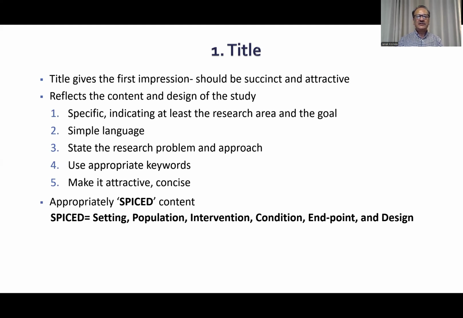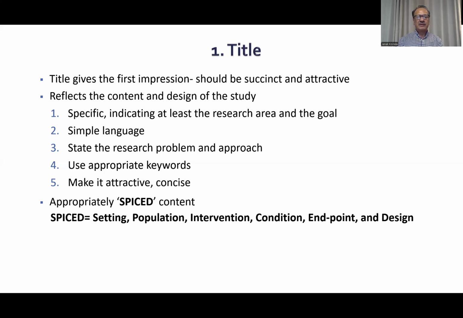So the title should be succinct and attractive. It should reflect the content and design of the study, including specific details indicating at least the research area and the goal, in very simple, straightforward language which is understandable by most people.